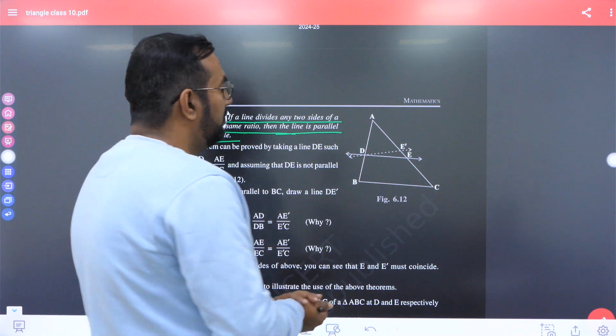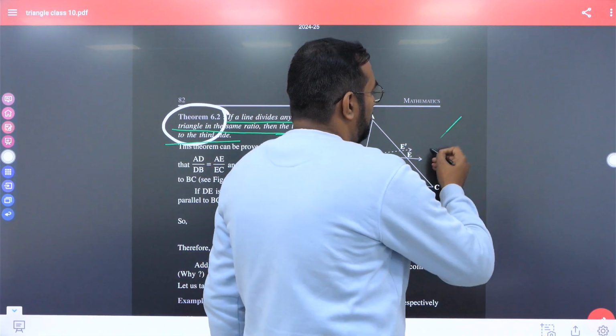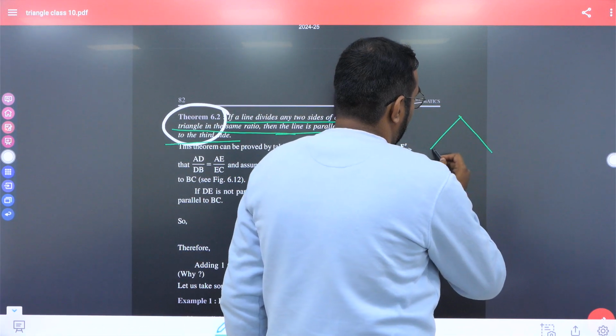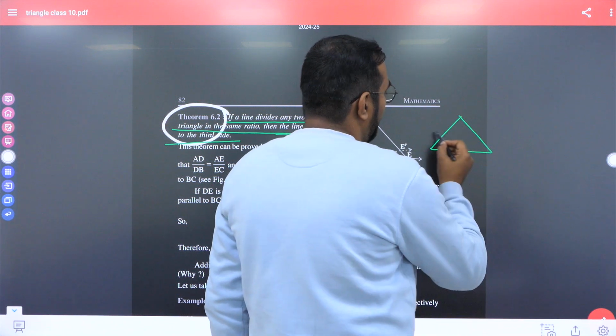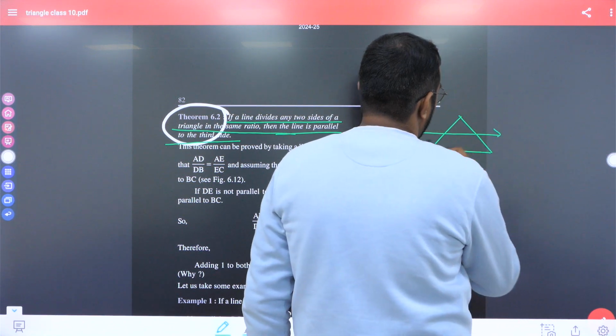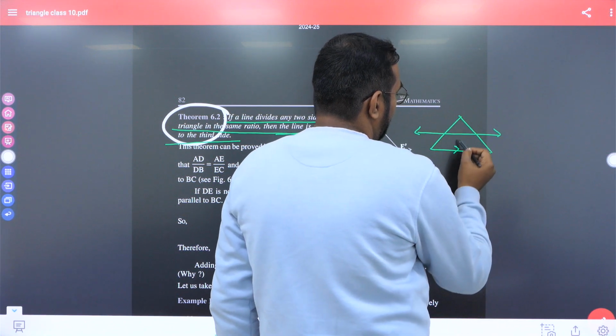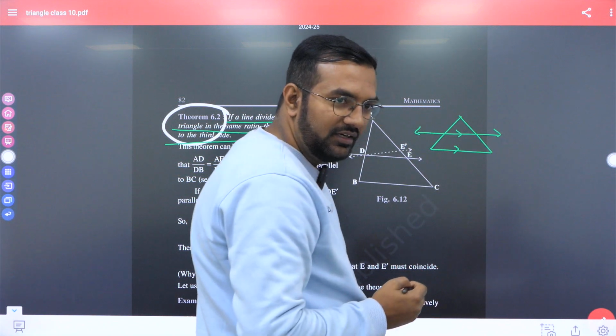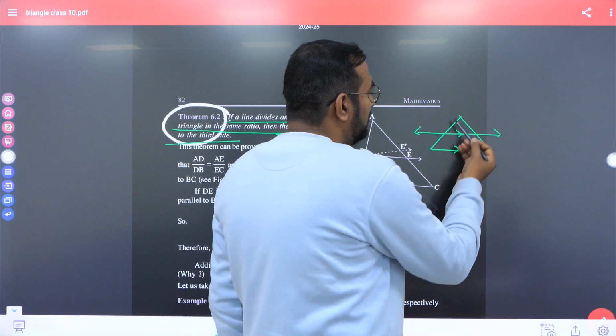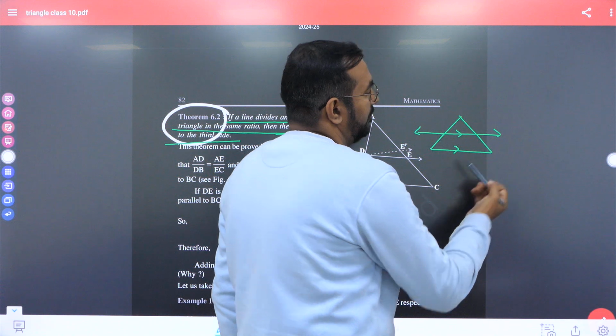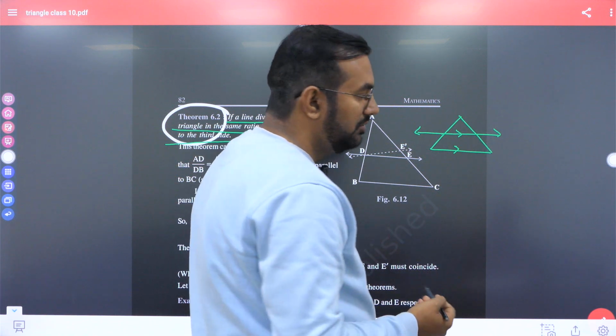In theorem 6.1 we have, if a line is parallel to one of the sides of a triangle, then it divides the other two sides in the equal ratio. Same ratio means equal ratio.